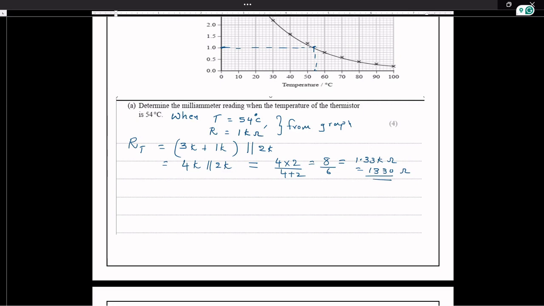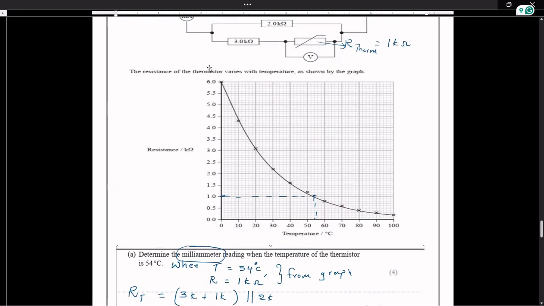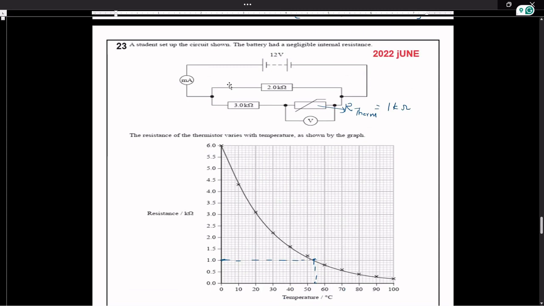Now after getting the total resistance, we can calculate I circuit, which is the battery voltage 12 over 1330. On calculation, it gives an answer of 9.022 into 10 to the power of negative 3 amps. But they want the answer in the milliammeter reading, because it's given specifically that a milliammeter is used.